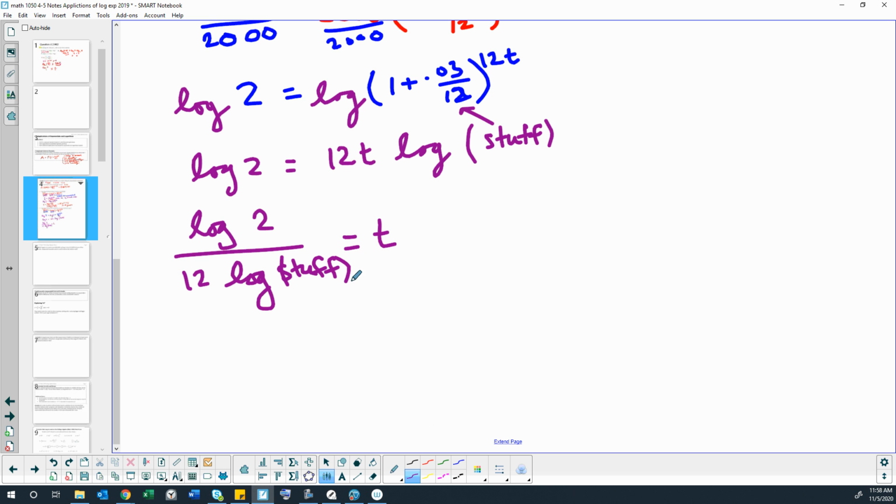It's crazy. Okay, so I've got log of 2 divided by 12 times the log of stuff, right? And that's going to give me time t. So this is where I put it in my calculator, and I showed you my calculator the last time around. So I'm just going to go ahead and type it in and let you believe me. So log of 2, close parenthesis, divided by, open parenthesis, 12 log of stuff.